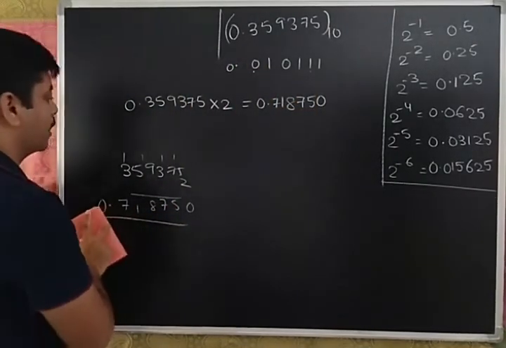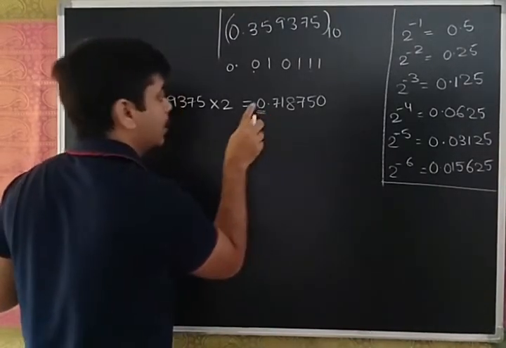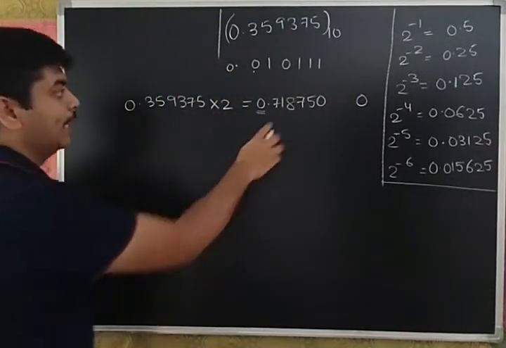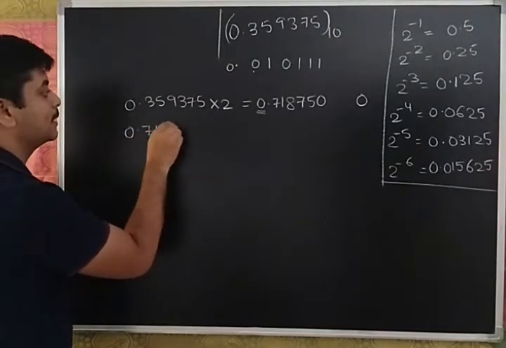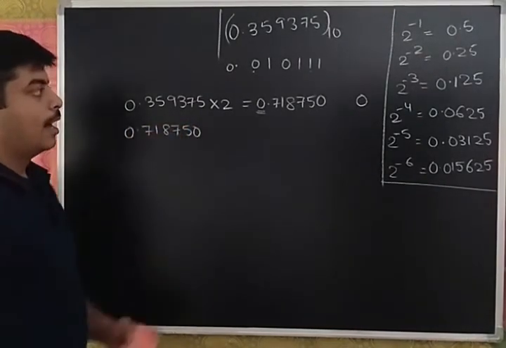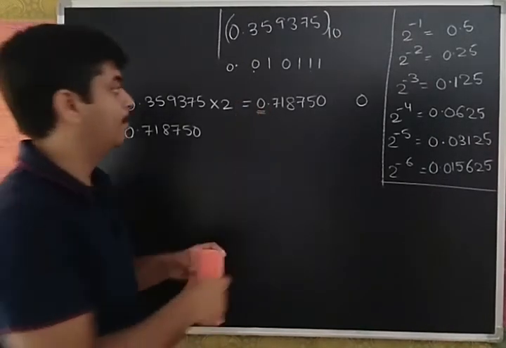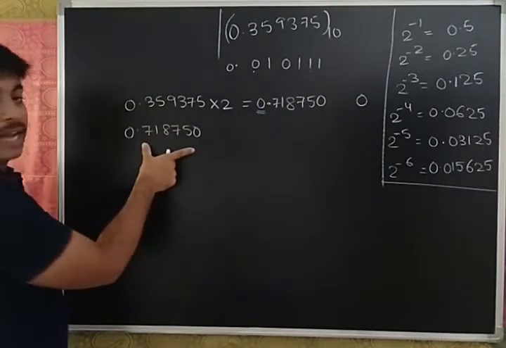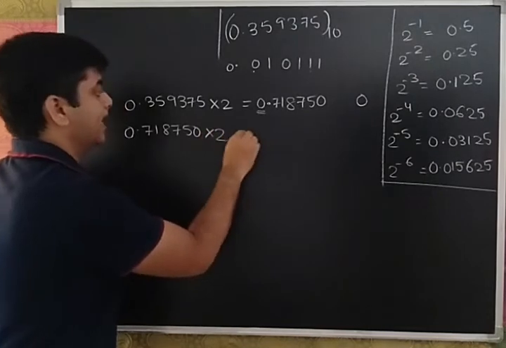Now what we'll do, you write the number before the decimal here, and write this decimal part again here, 0.718750. Write the number to the left of the decimal here, and the fractional part here, into 2 once again.